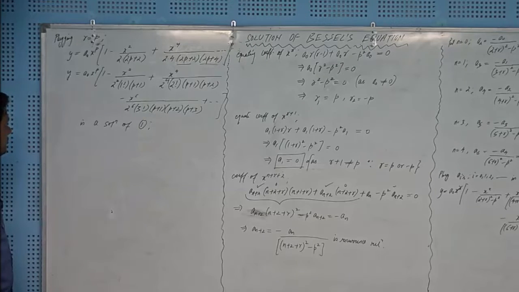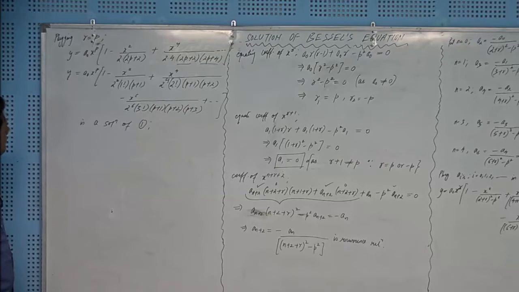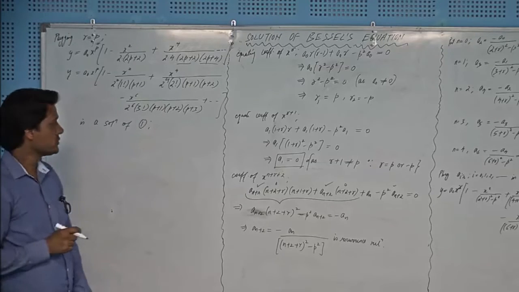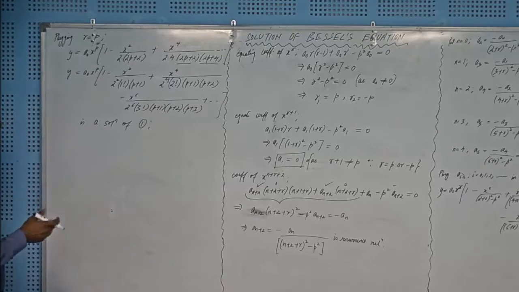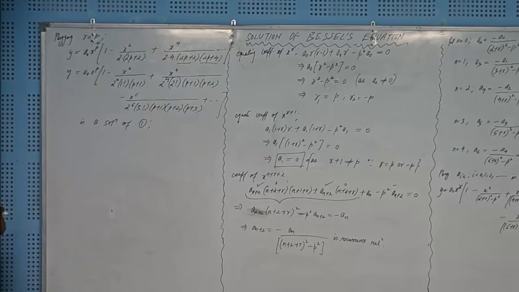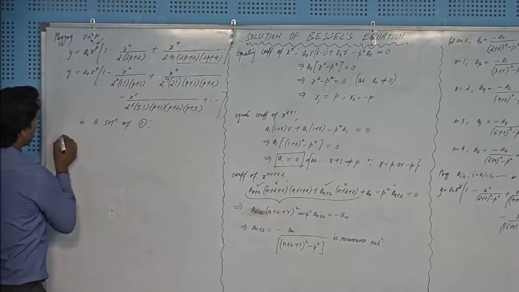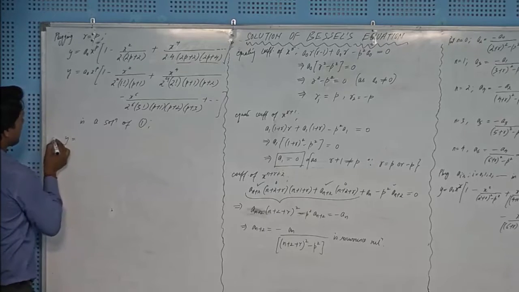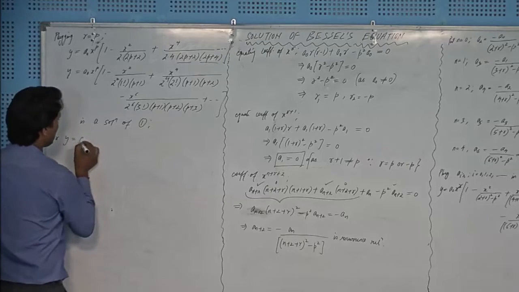Okay, so what I will do, I will write this whole series in summation form first, in closed form, and then I will try to do some manipulation, right? So what I will do, I will just write this series inside the bracket, right, in this way.